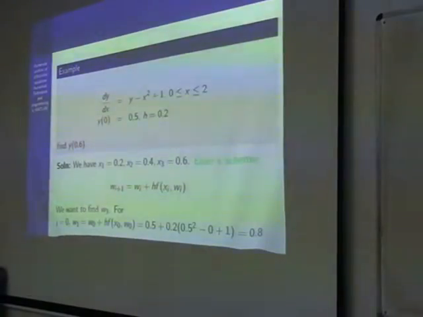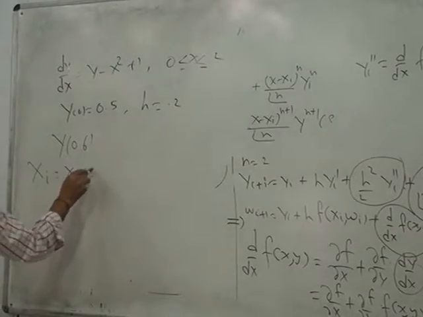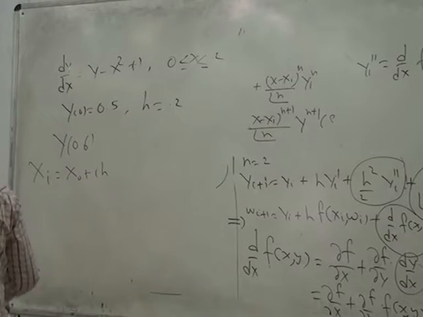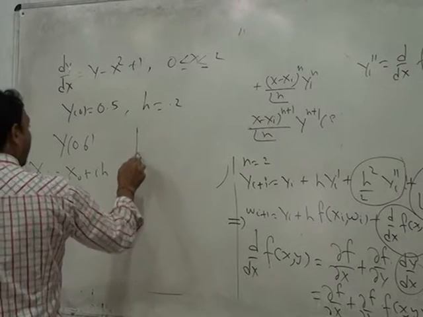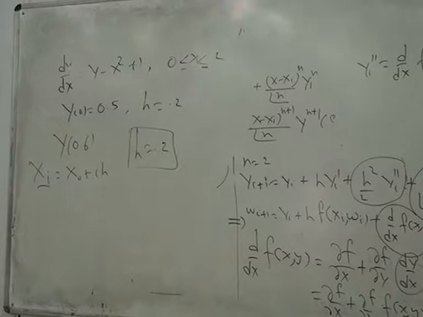So I want to compute y at 0.6. You fix your points, correct? My x's are x0 plus i h. Till where you want to go, your h is given to you as 0.2, and I want the value at 0.6. What is x1? 0.2.